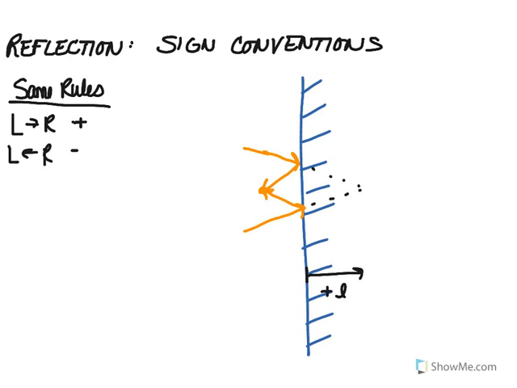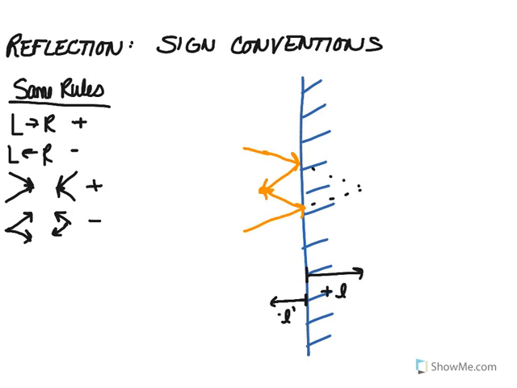So here our image distance from the surface to our image point would be a negative L prime. And then light that is converging, whether it's incident light or whether it's reflected light, has positive vergence. And if light is diverging, it doesn't matter whether it's the incident light or the reflected light, diverging light will have negative vergence.